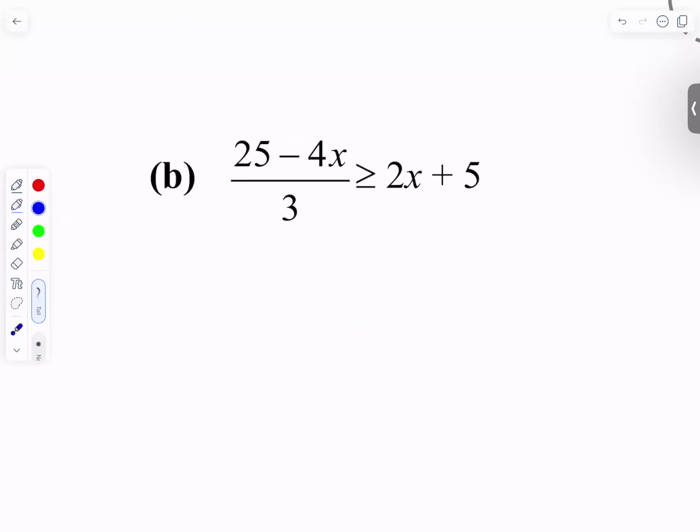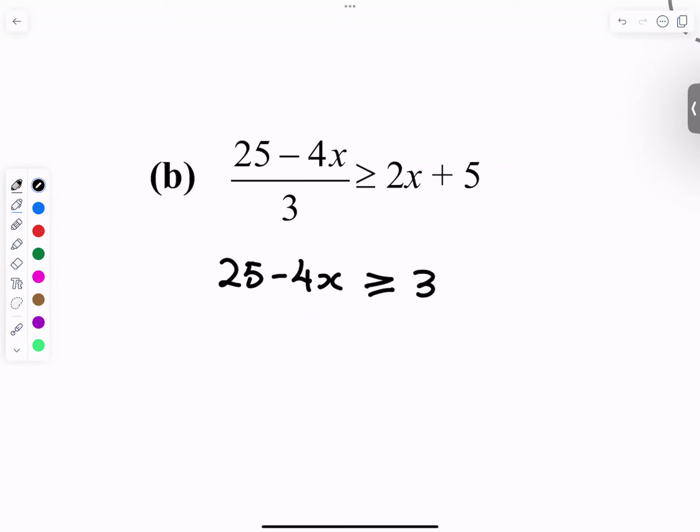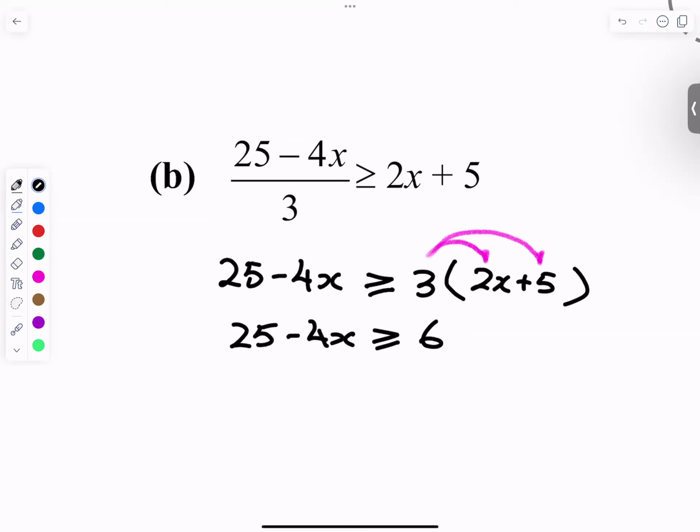3 is being divided here, goes to the other side. We don't like fractions, so always deal with that first. Goes to the other side, multiply, and because there's more than one thing there, put a bracket. And then open up. 3 times 2, 3 times 5.